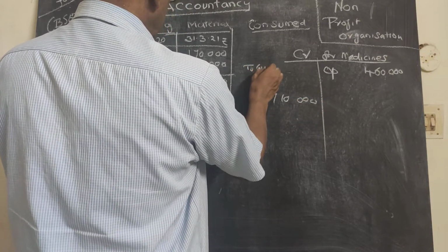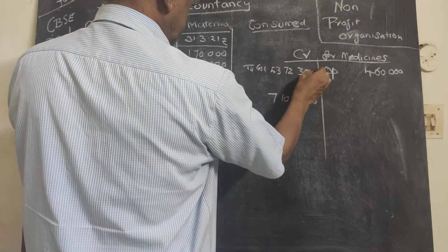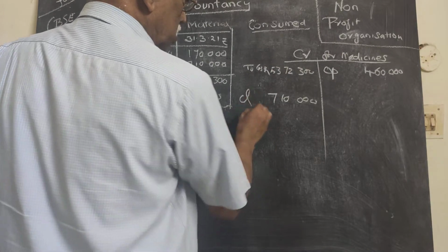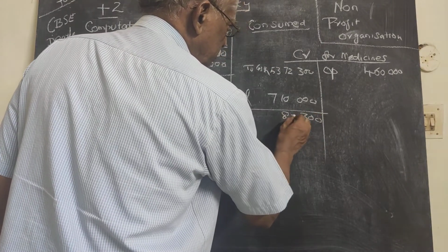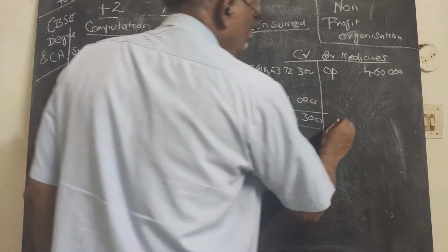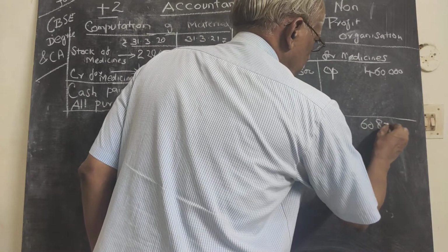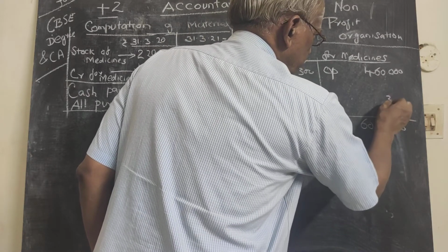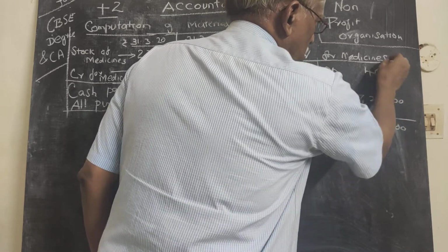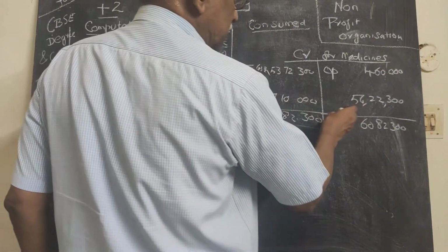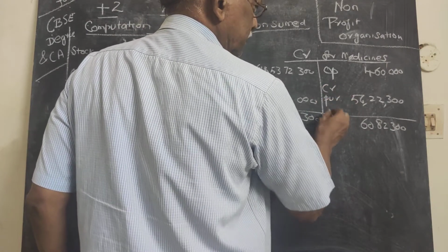To cash 53,72,300. This is the closing balance. So if you get the total, 60,82,300, 60,82,300. So the balance 56,22,000 is the credit purchase of medicines.